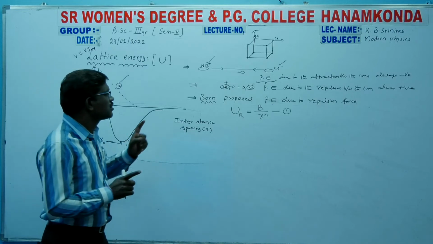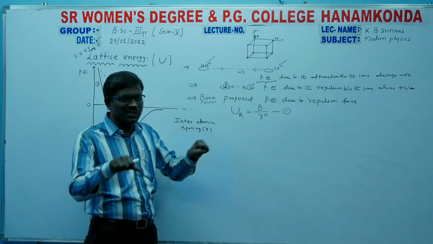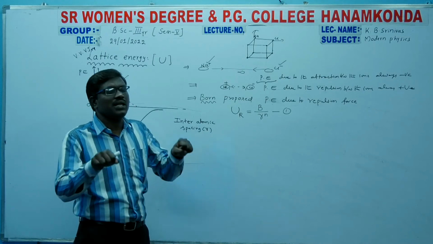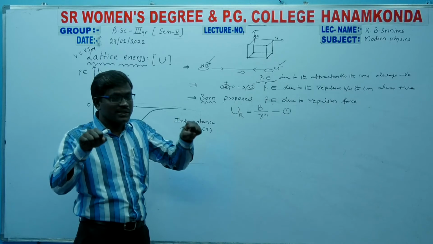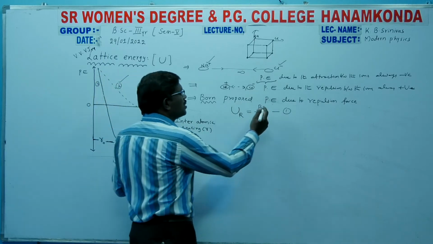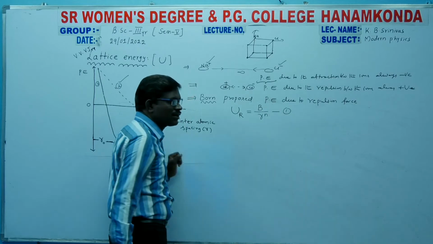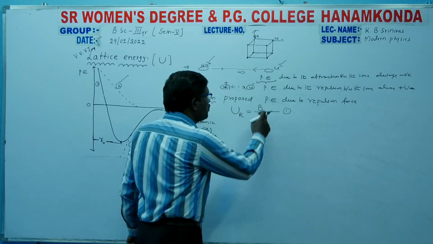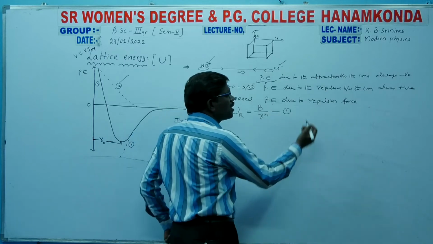One is the potential energy due to repulsion force between the ions. The second one is the potential energy due to attraction force between the ions. See, Born only calculated this value as B by r to the power of n, and B is known as what? A constant.